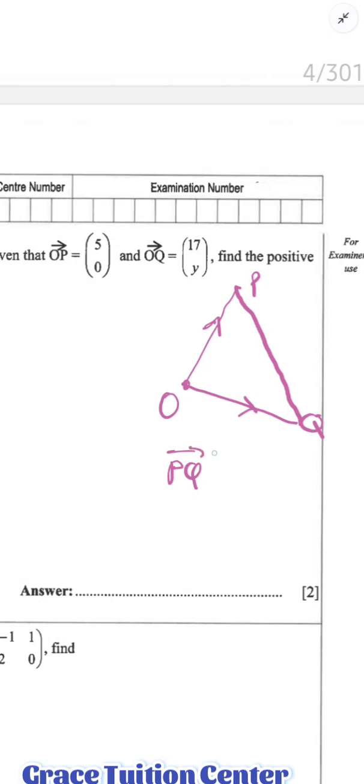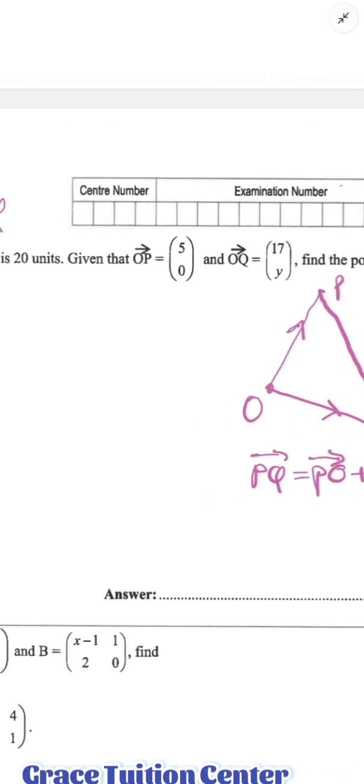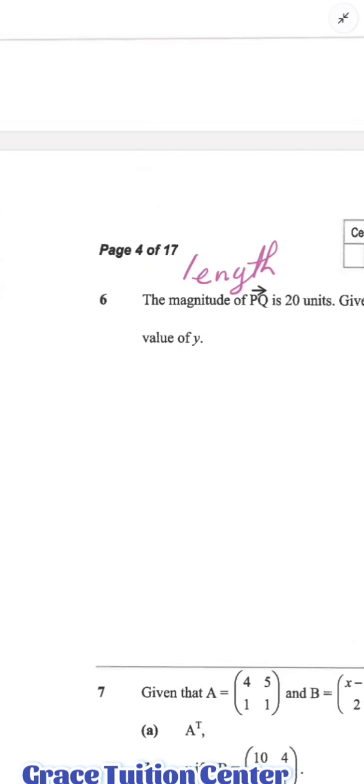So PQ as a vector is equal to PO. You move from P to O, then you connect to Q, plus OQ. So this is a general formula that we are going to use here to find our vector PQ. So let's go ahead and work that out. PQ as a vector is PO plus OQ, like that.